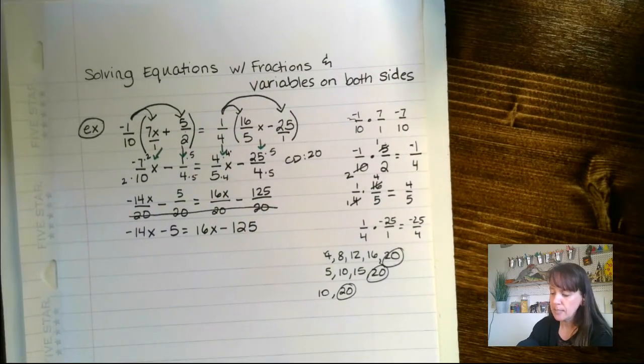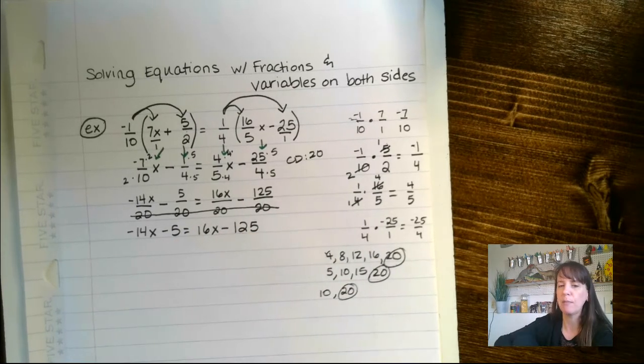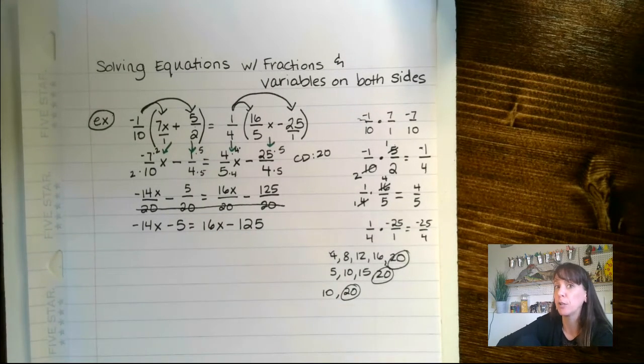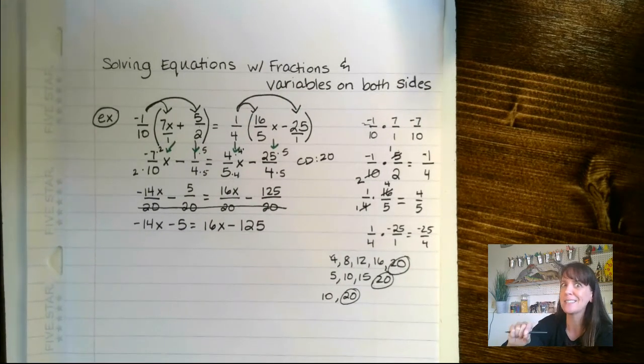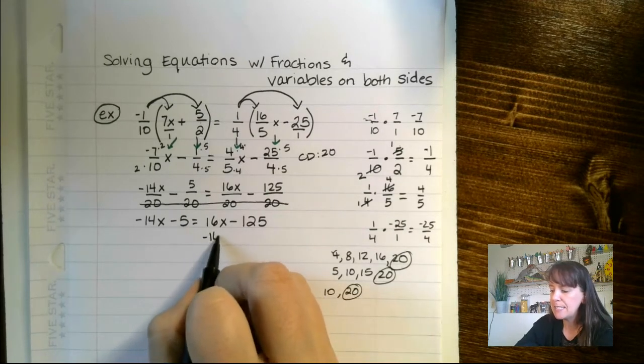All right, now the next step that you want to do is solve by moving your variables over. Now, you're not wrong if you want to add 5 to both sides. That's totally fine. But I'm going to tell you it's a good habit to get into to combine your variables first, so that on the rare chance that your answer is 0, you'll be a lot less confused if you have your variables already together. So we're going to minus 16x first.